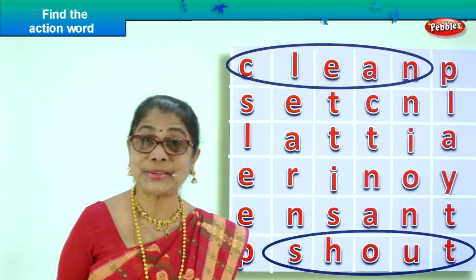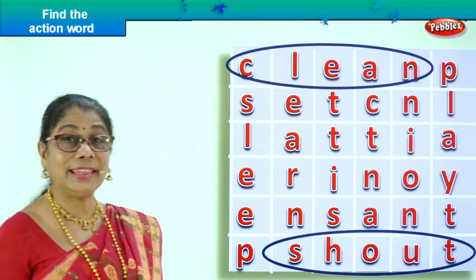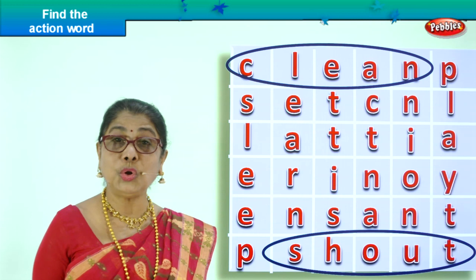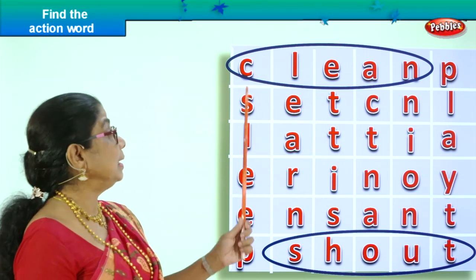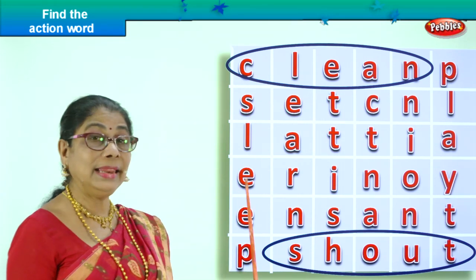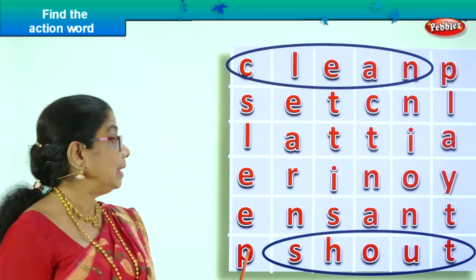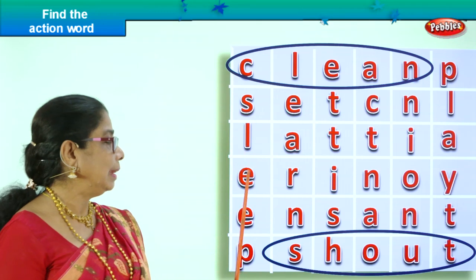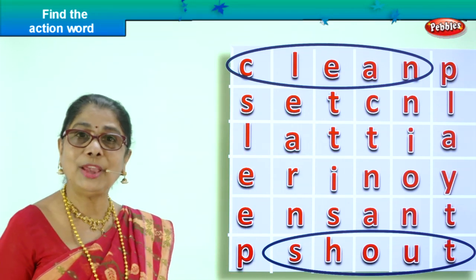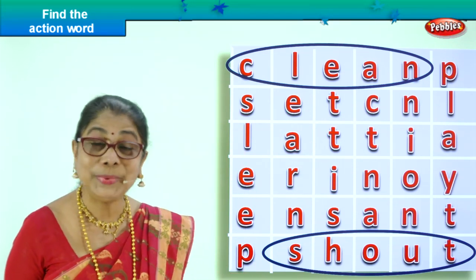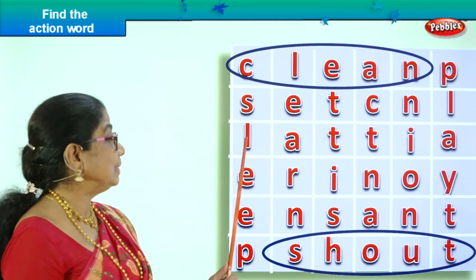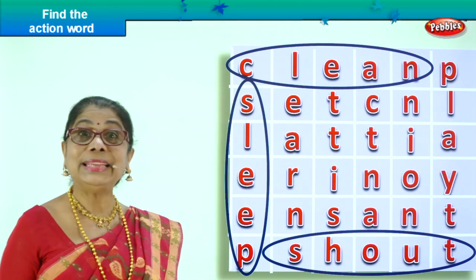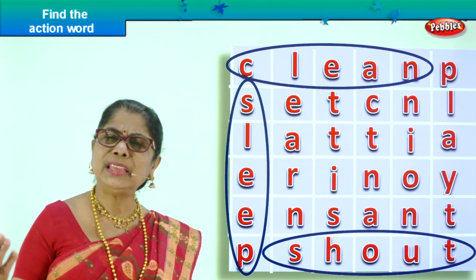Now, let's go from top to bottom, checking to find some more action words. C S L E E P. Is there any word here? S L E E P. What is that? Sleep. Yes, we found another word. Sleep. Is sleep an action word? Yes.